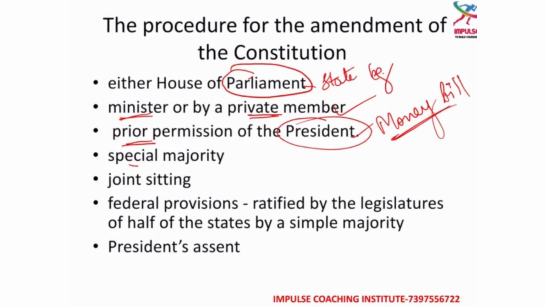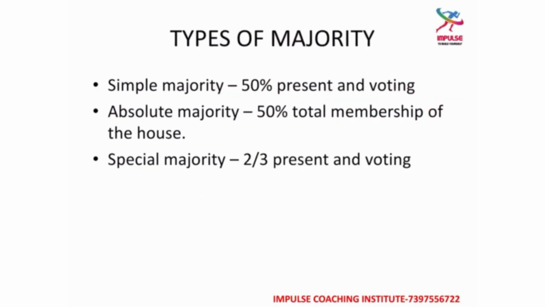After the bill is introduced in either House of the Parliament by either the minister or a private member, the bill must be passed in each house by a special majority. I will tell you what a special majority is. We will first look into the different types of majority and then we will come back to the procedure. A simple majority is more than 50% present and voting.